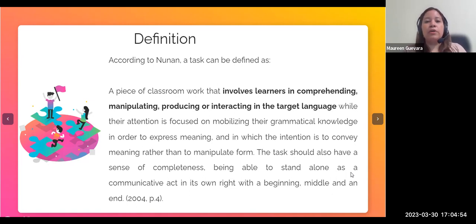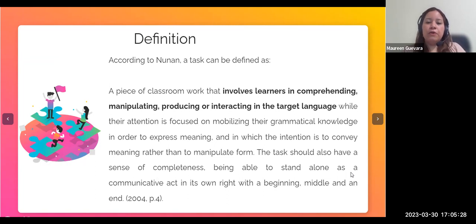So it's how our students are going to use the language to communicate effectively. We are not just going to base it on grammatical knowledge in order to express meaning, but also on how they use the language to communicate effectively. It is more than the form, right? It is the why of the language. And this is why it's important that we use different methodologies so that our students are able to use the language in a communicative way.